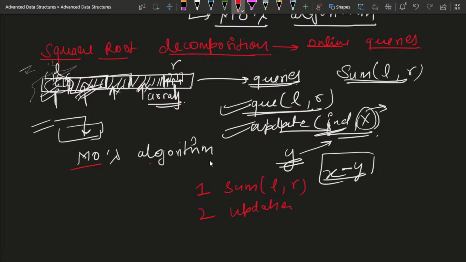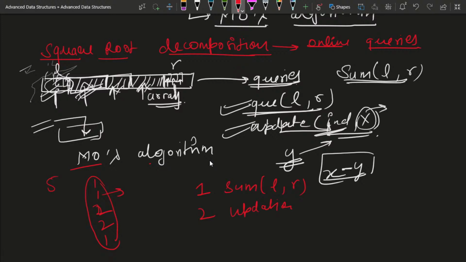Like if we are given say 5 queries, we can get a query of type 1, then a query of type 2, then again a query of type 2, then again a query of type 1. So we can get any sequence of these types of queries. This is nothing but online queries.